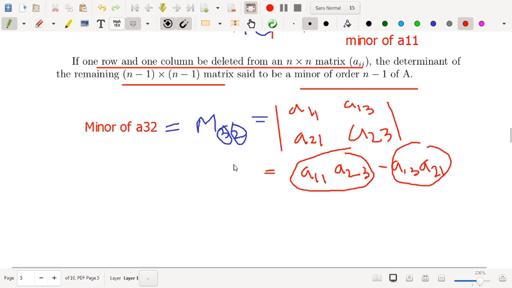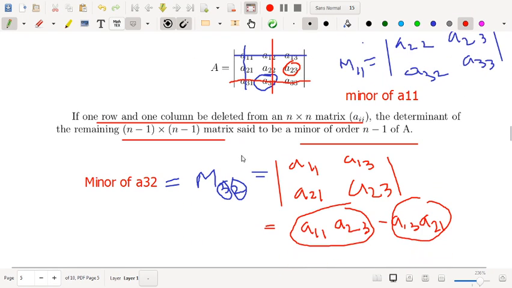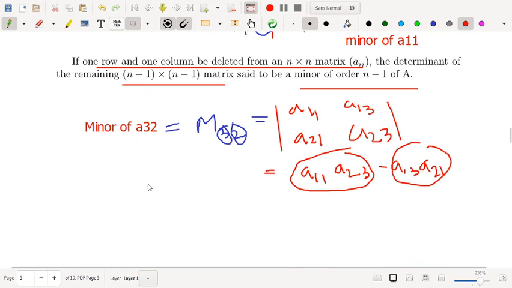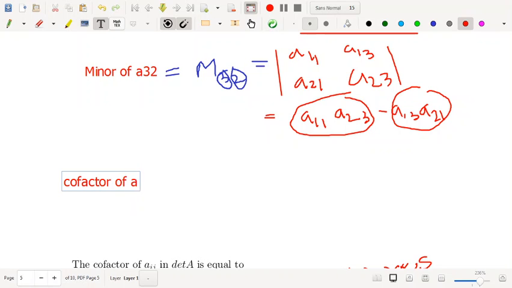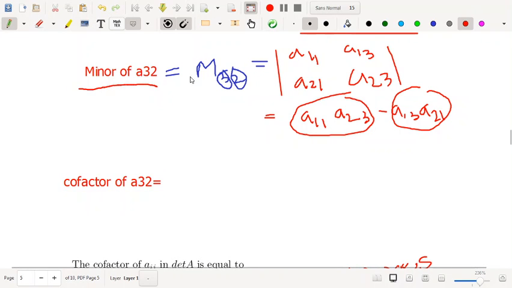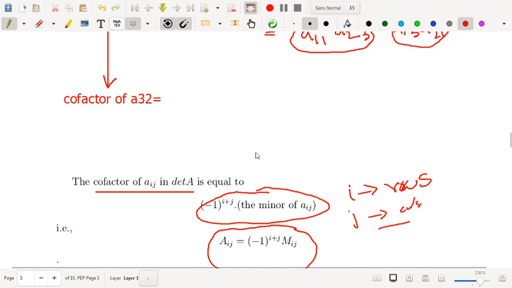So let me explain once again what the cofactor of A32 is. Previously we were calculating the minor, but now I am calculating the cofactor. The cofactor is a signed minor. Why?